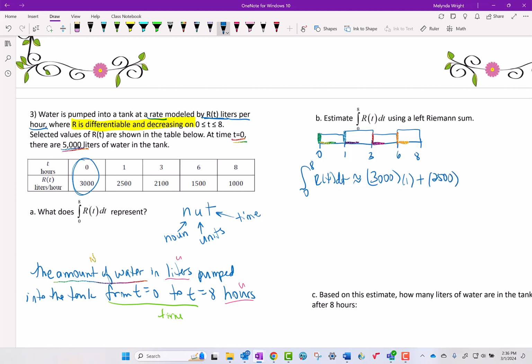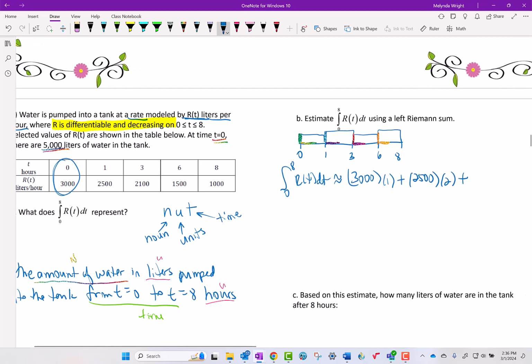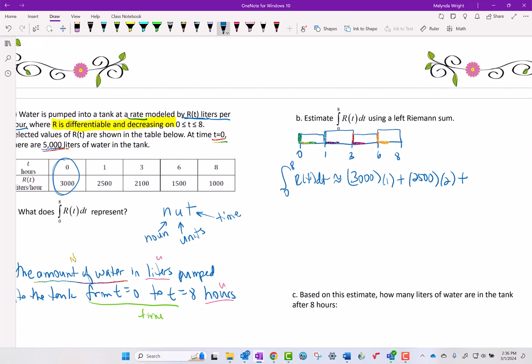And the width of this rectangle between 1 and 3 is 2, plus. We doing okay? Okay. The third rectangle, the height would be represented by the height at 3, which is 2,100. And the width of this third rectangle between 3 and 6 is 3.